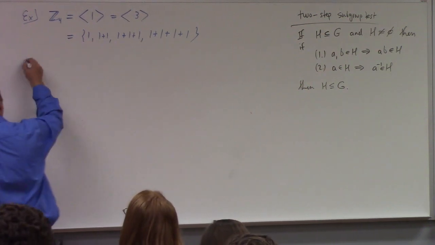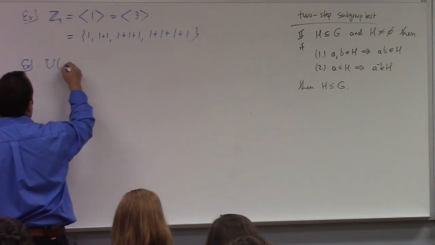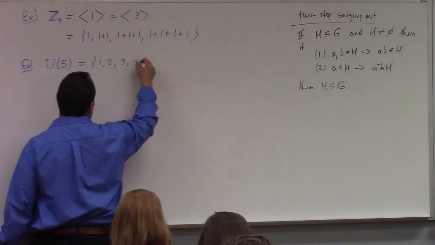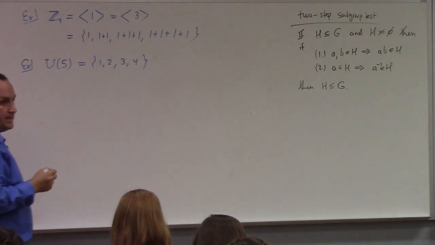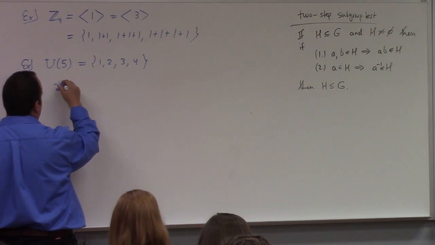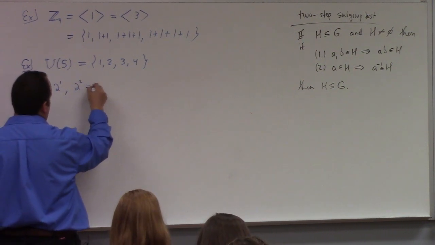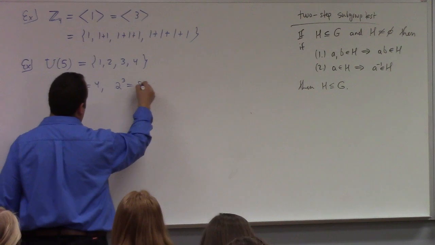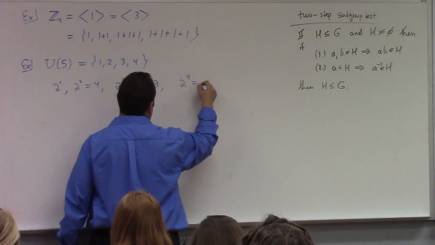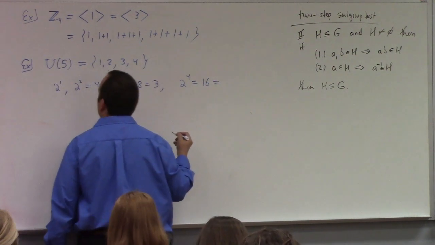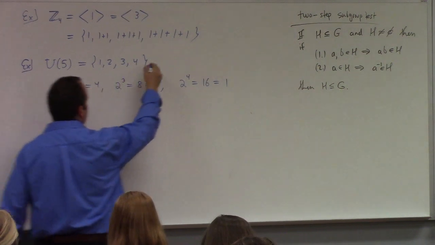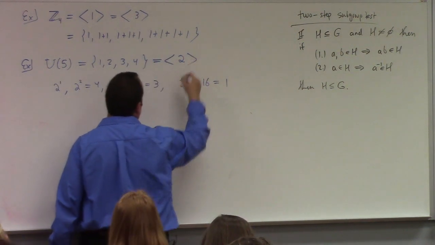Another example, U5, which is 1, 2, 3, 4, right? Let's pick on 2. 2 to the 1, 2 to the 2 is equal to 4, 2 to the 3 is equal to 8, which is equal to 3. 2 to the 4 is equal to 16, which is equal to 1. So if you look at it, U5 is generated by 2.